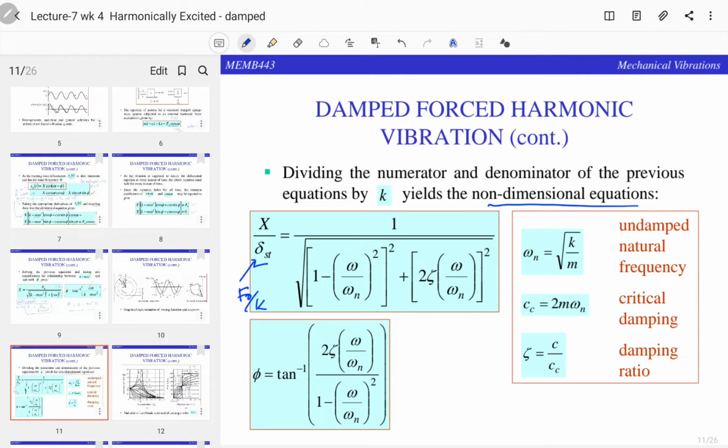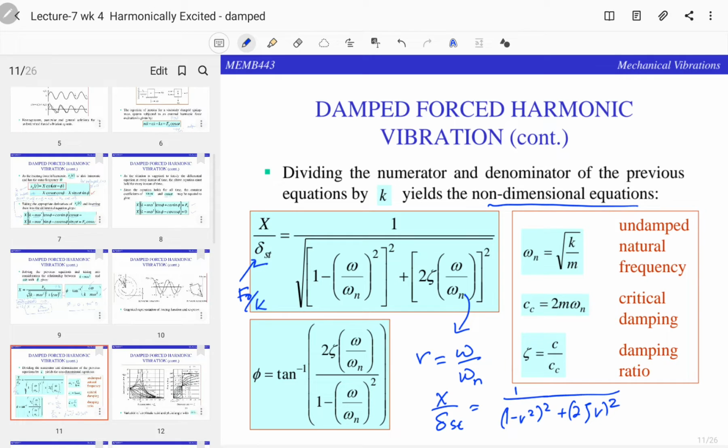In most of our calculations, we also refer to omega over omega n as r, the frequency ratio. So if it's in that form, you have x over static deflection equals 1 divided by the square root of (1 minus r squared) everything squared, plus (2 zeta r) everything squared.